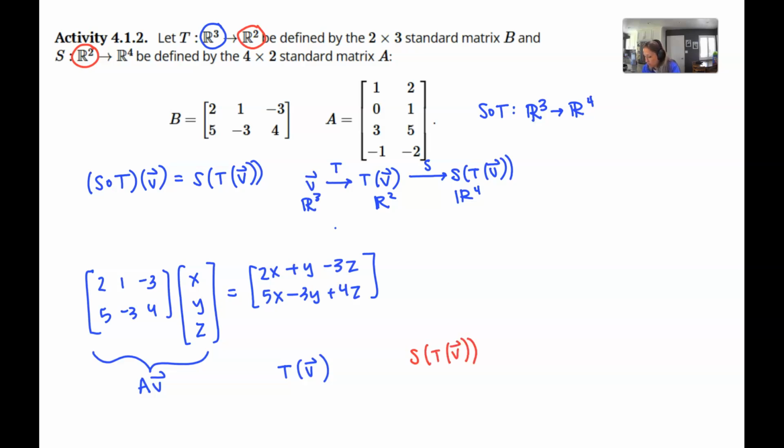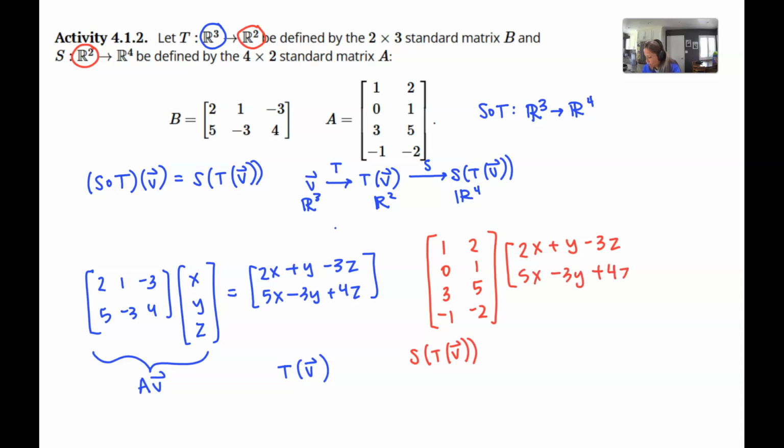All right, so now I'm going to take our matrix A, 1, 0, 3, -1, 2, 1, 5, -2, times 2x plus y minus 3z, 5x minus 3y plus 4z. Oof, she nasty, but it's going to be okay.